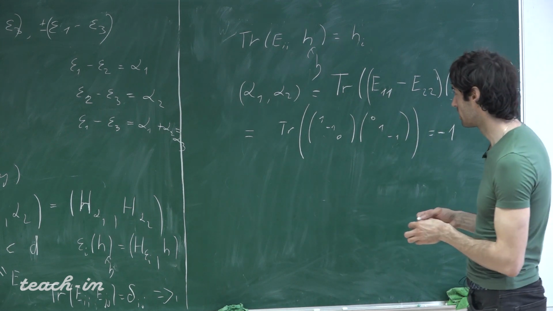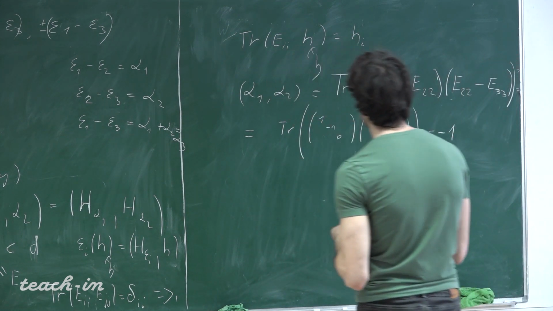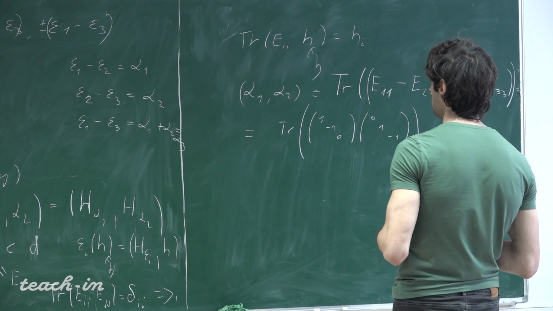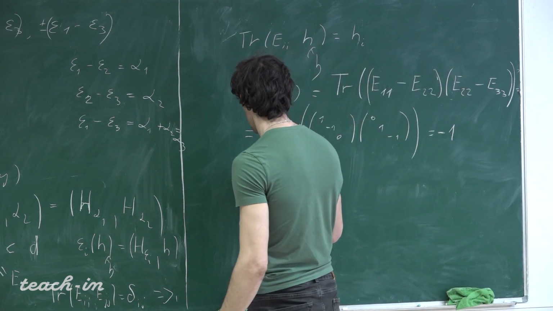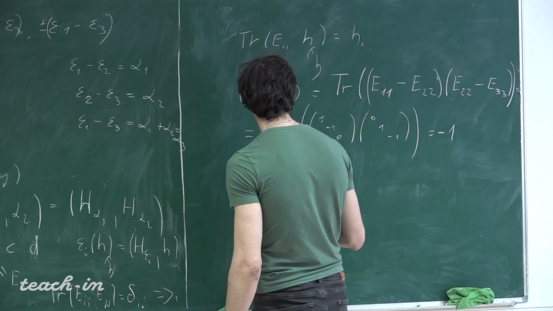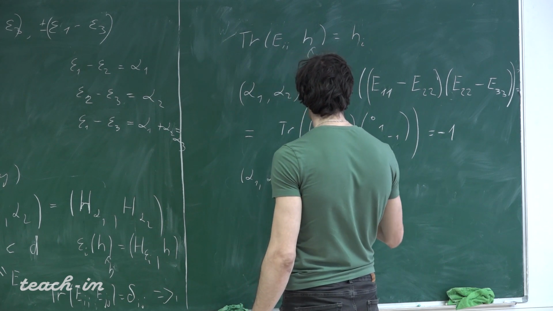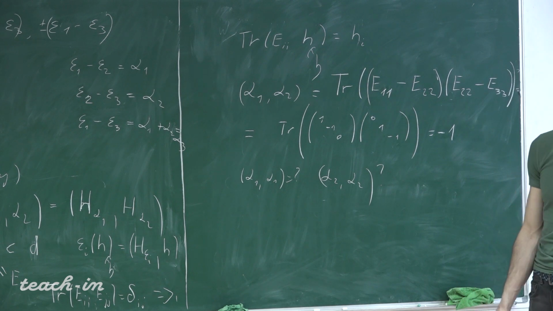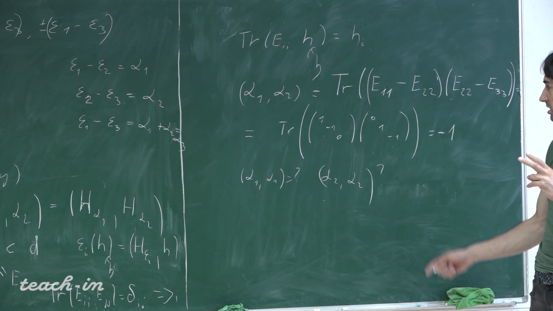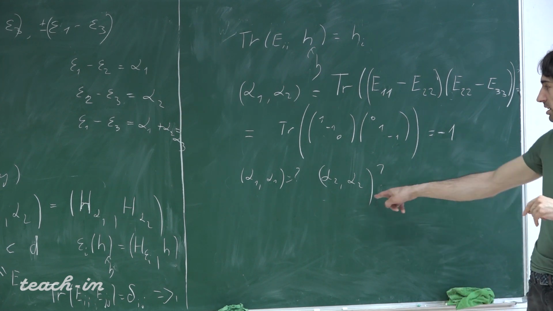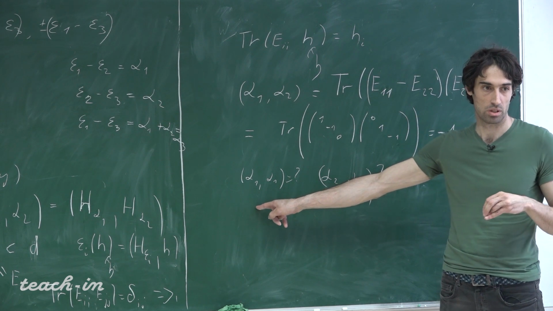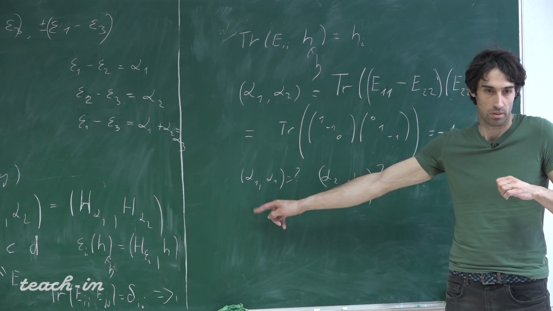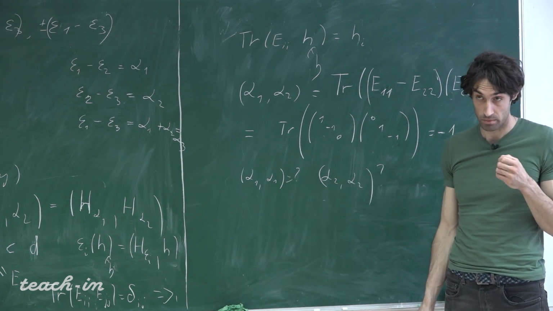To compute an angle, I will need to compute alpha_1 and alpha_2. Then the cosine will be negative 1 divided by the product of these two.